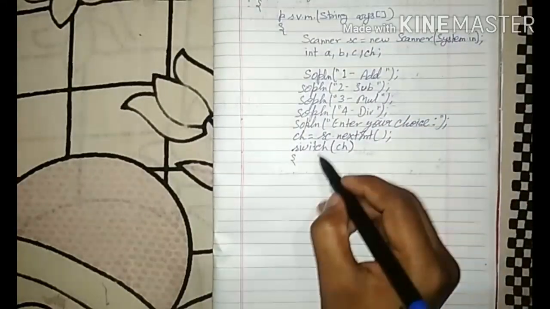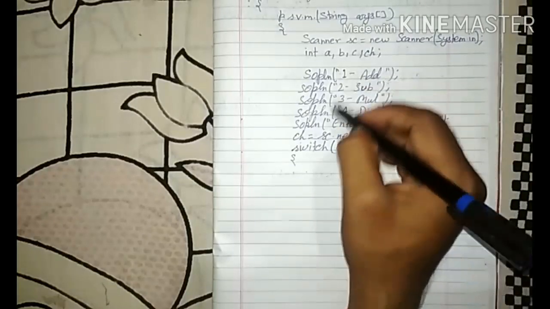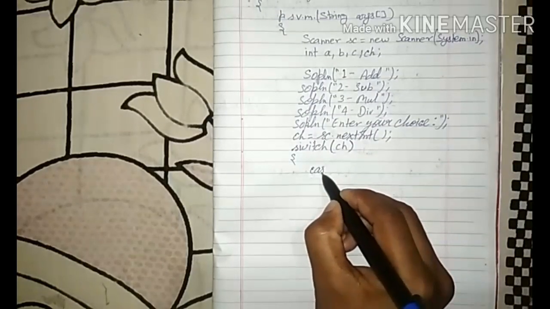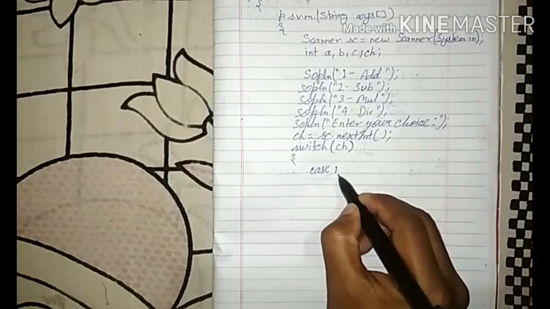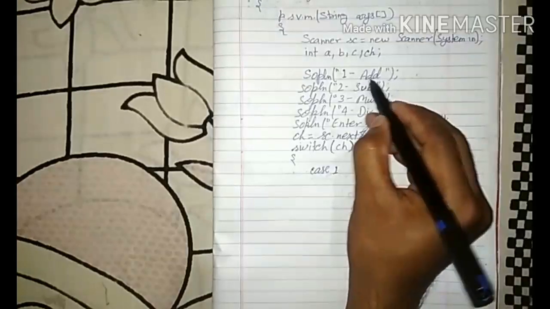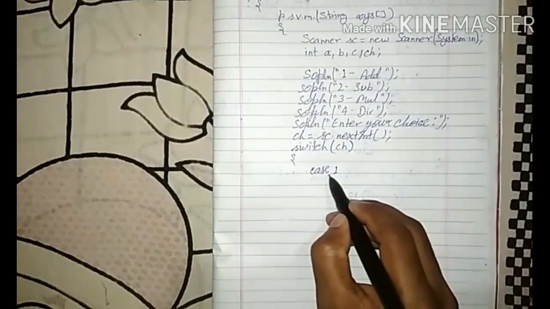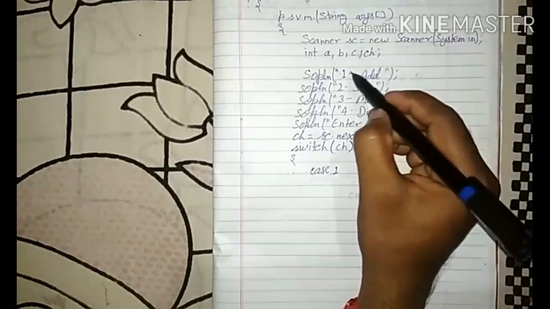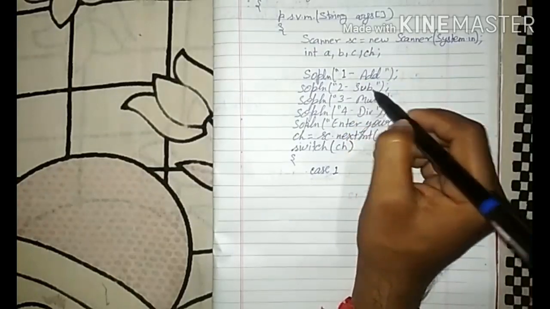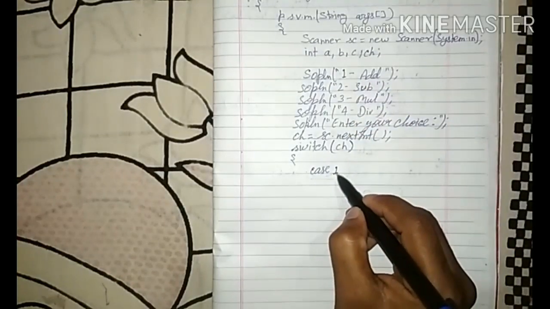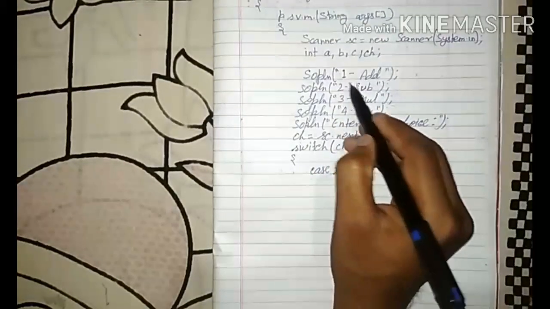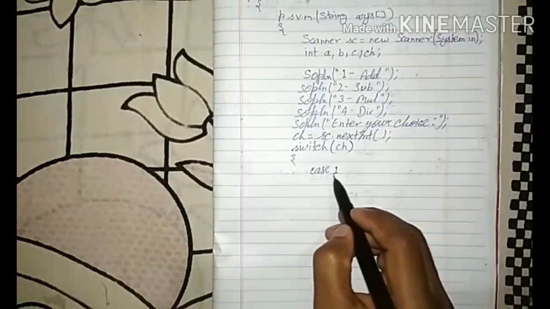To perform the operations related to these menus, we need case 1, because 1 is for addition. That's why we write a numerical case. If I had written A for addition, S for subtraction, then we could write a character value, but our menu is in numerical form, so the case should be numerical.